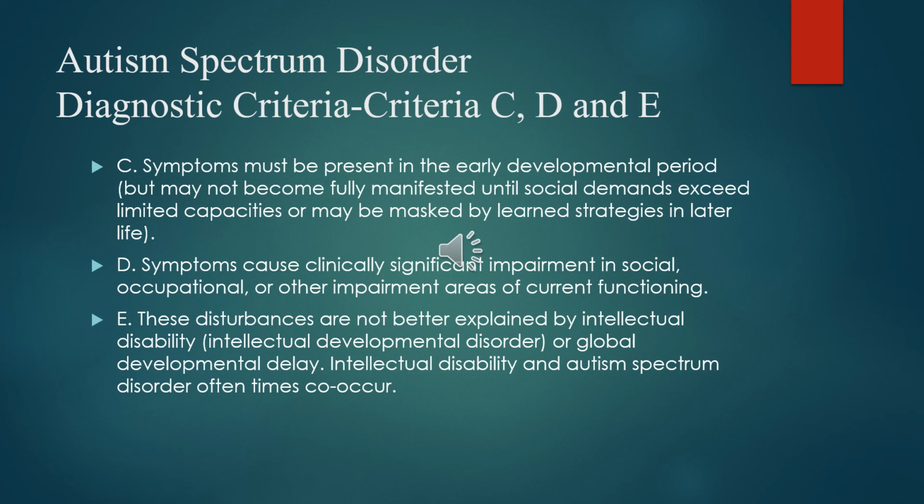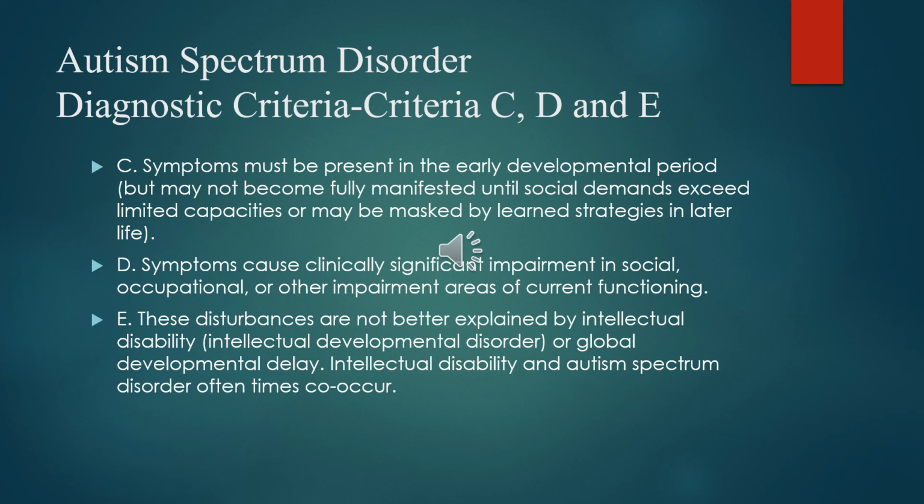Criteria D, symptoms cause clinically significant impairment in social, occupational, or other important areas of current functioning. And criteria E, these disturbances are not better explained by intellectual disability, intellectual developmental disorder, or global developmental delay. Intellectual disability and autism spectrum disorder often times co-occur.